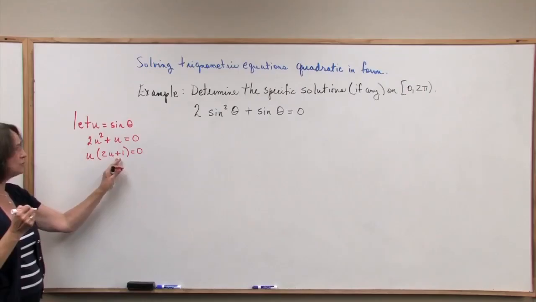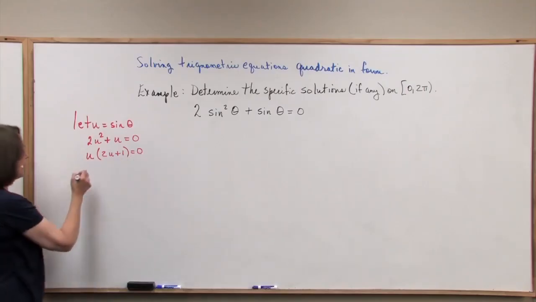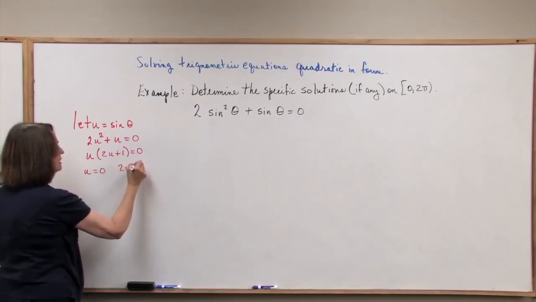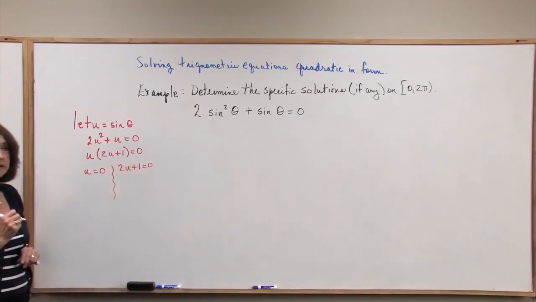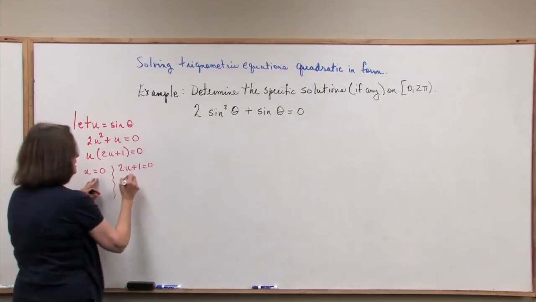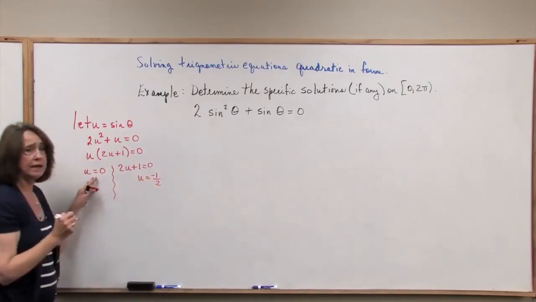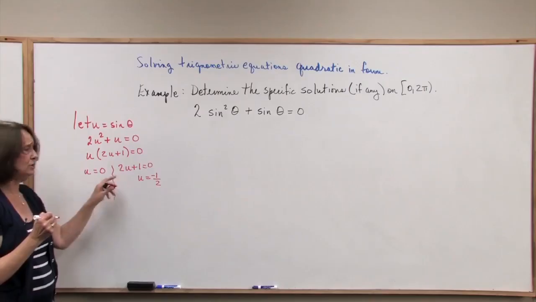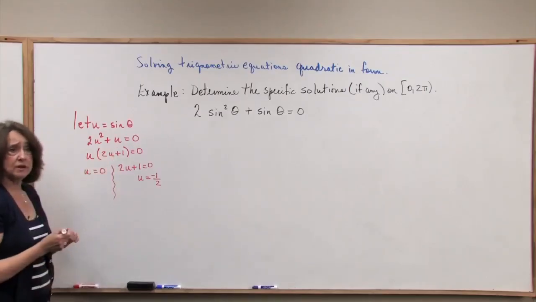The two factors give me 0, so I can set each factor equal to 0 and solve independently. First solution is u equals 0. Second solution is u equals negative 1/2. I subtracted 1, then divided by 2. So that's what we want to do with this trig equation.